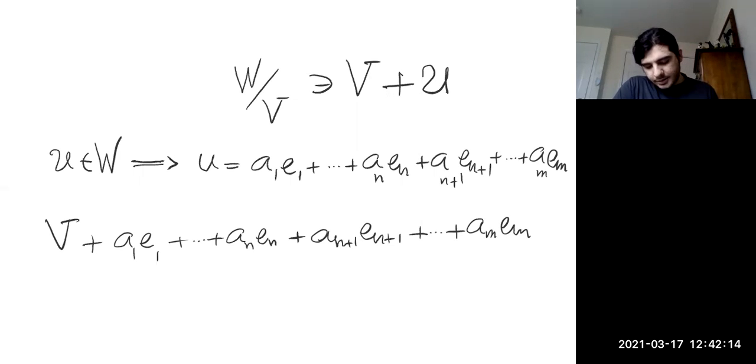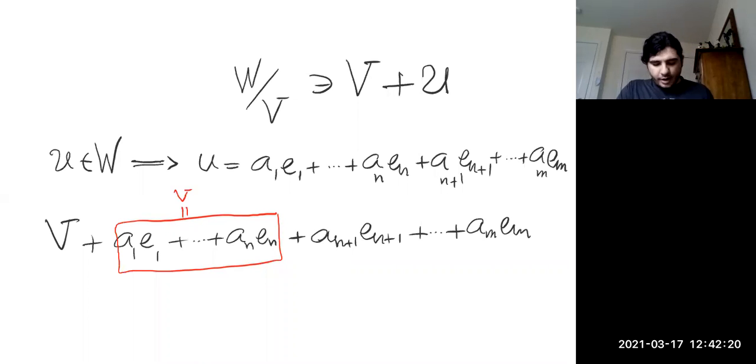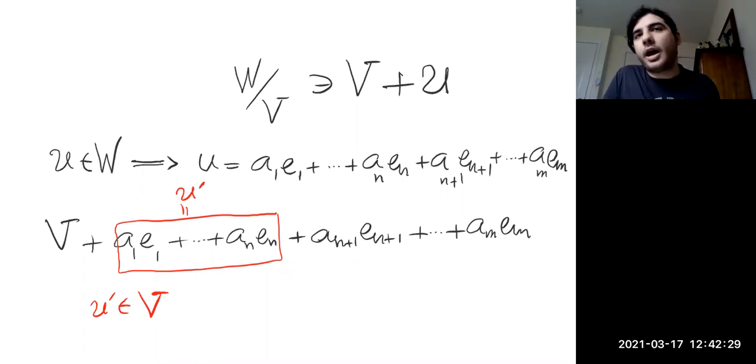Now look at this part. Let's call that U prime. U prime is inside V. Why is that?